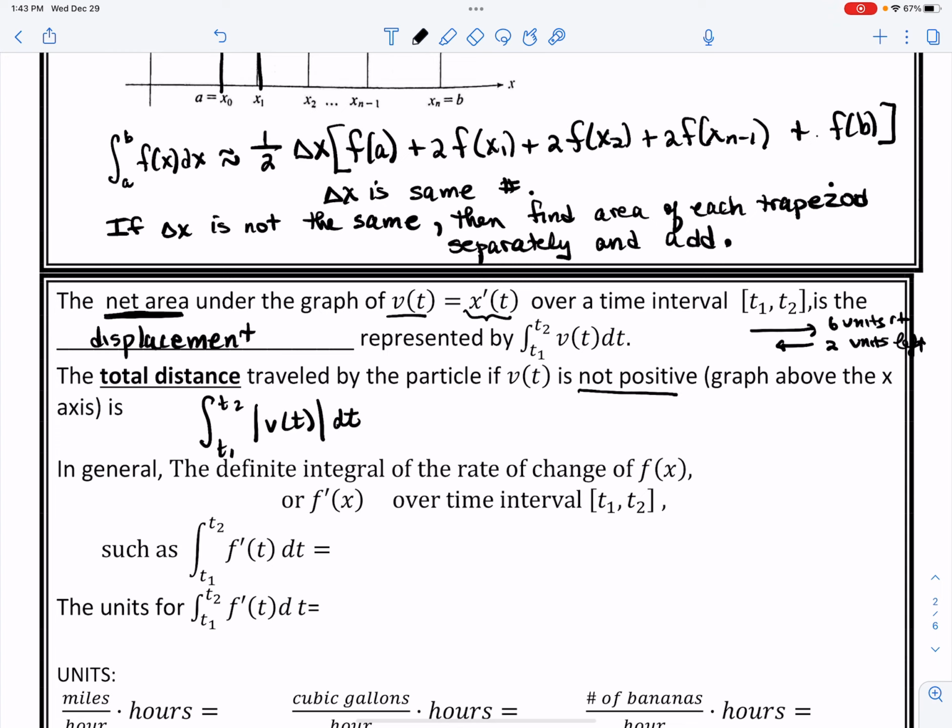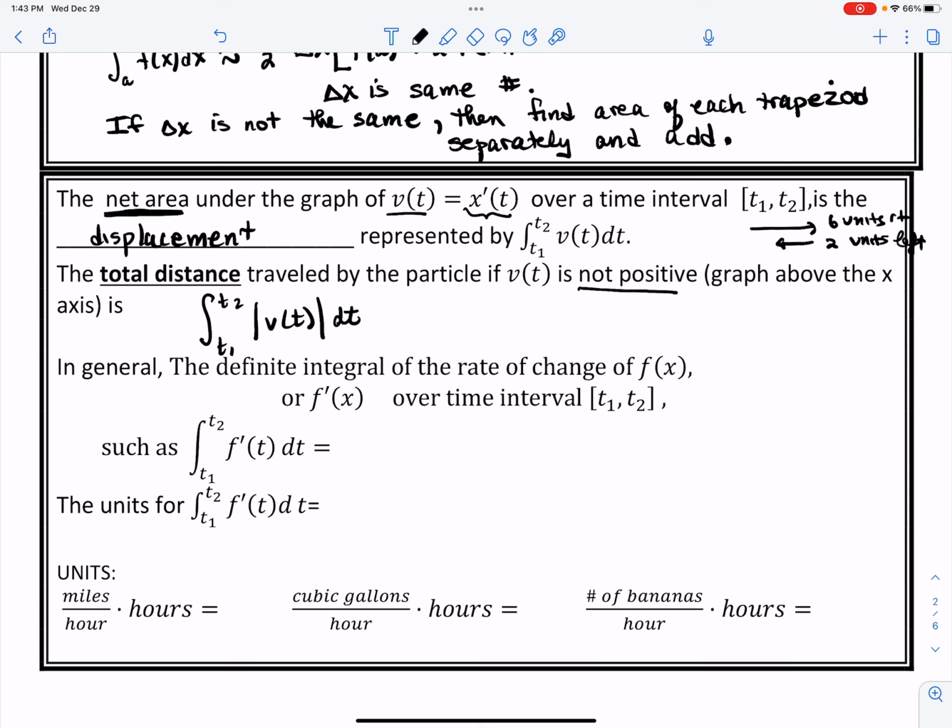So in general, the definite integral of a rate of change, because remember, the rate of change of the position is the velocity, leads to a very important generalization.